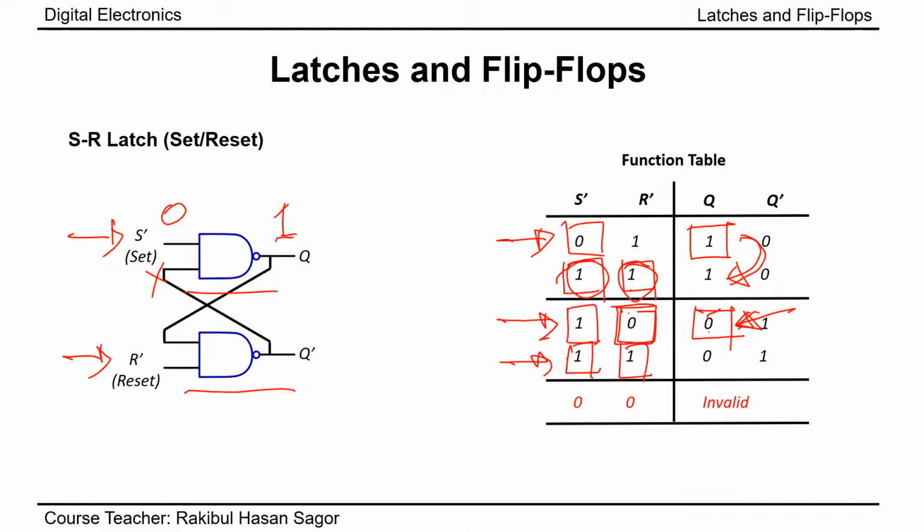I am giving S equal to 0, R equal to 0, and it will hold the previous data. What was the previous data? The previous data was 0, and that 0 will be kept in the memory. So it's acting like a memory. And for the 0 0 input, where S prime is 0 and R prime is 0, it means S equal to 1, R equal to 1. To keep the similarity with the previous case, this is the invalid output.